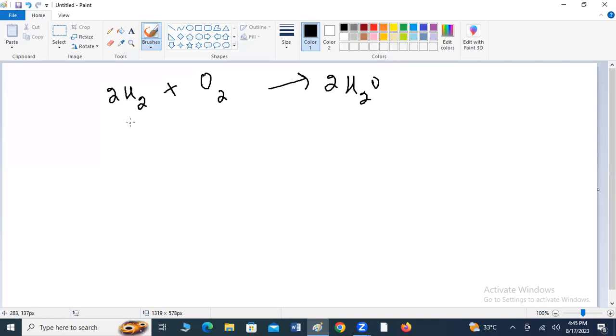First of all, you need to be very clear about this concept: either this will be the limiting reactant or this will be the limiting reactant, because as the name suggests, it is a reactant, and reactants are only the ones which are on the left hand side of a chemical reaction, right?